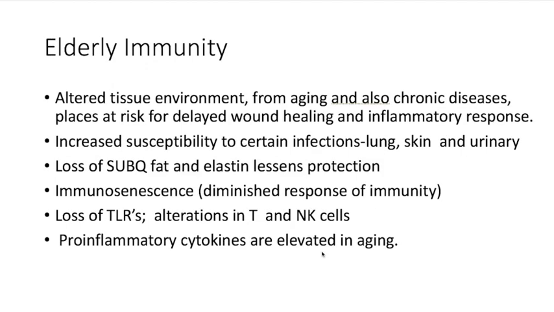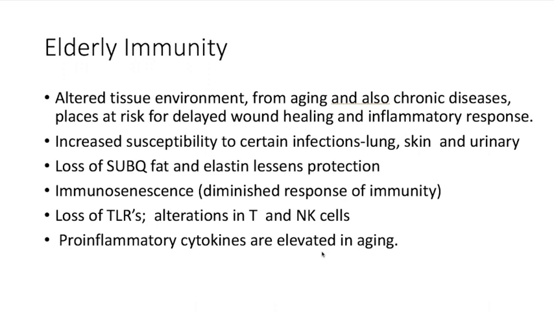In the elderly, so what happens with this is we have altered tissue environments from aging, also chronic diseases, and there is delayed wound healing and inflammatory response. We have immunosuppressants, which basically means our immune system declines over time. They also have increased susceptibility to certain infections, especially lung, skin, and urinary.